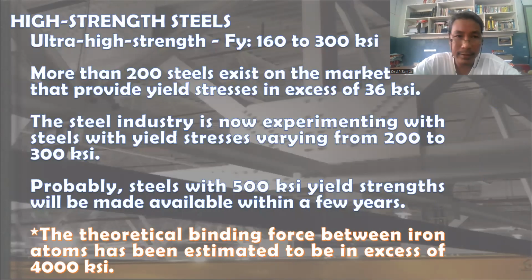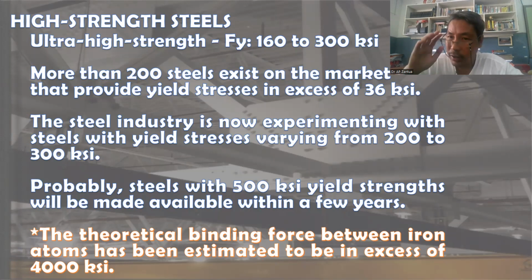High strength steel. Right now we are currently using a yield strength of 50, but ultra high strength has a yield strength of 160. From the graph we have 100 KSI, but now they are studying different steel materials. They are researching 160 to 300 KSI. There are more than 200 types of steel products that exist on the market.